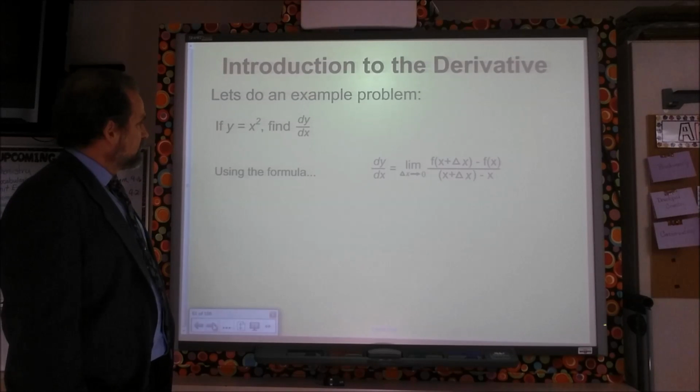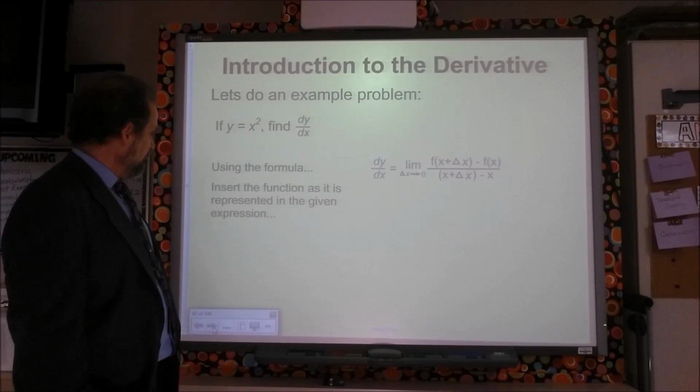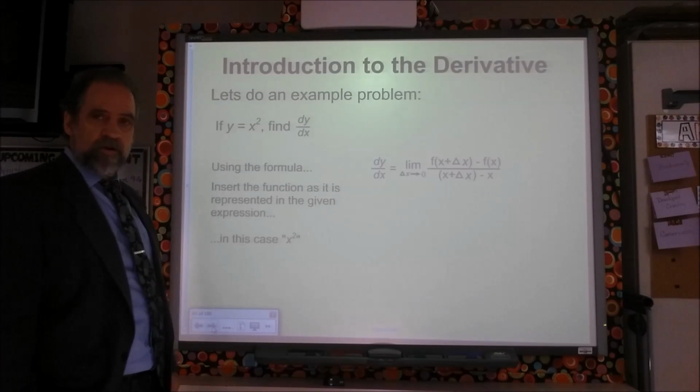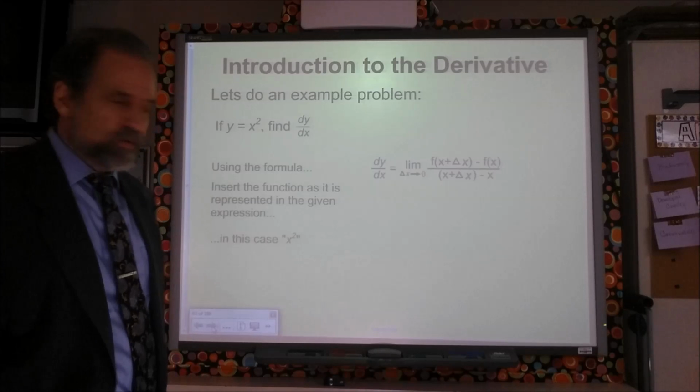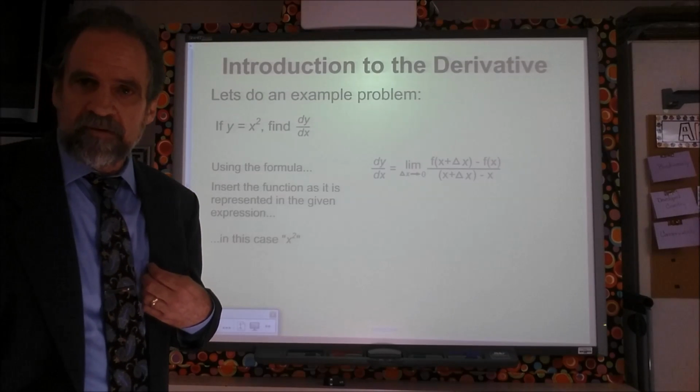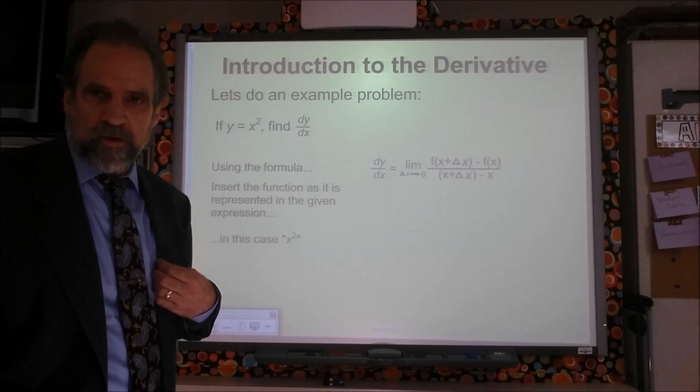Okay? So let's look at that formula, and let's plug in what should go there. If I were in front of you, I'd be asking these questions to you, but since I'm taping this for you, I'm going to uncover it more quickly.